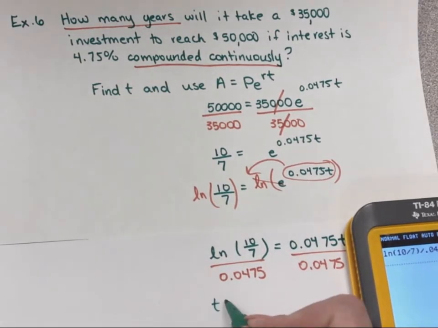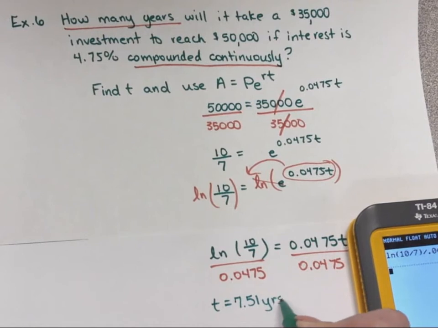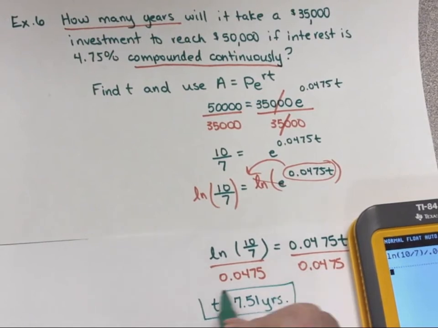If we were being really exact to 2 decimal places, you would say about 7.51 years. Okay, notice that when the answer is time, I label it with years. When it's rate, I label it with percent. When it's an amount of money, you put a dollar sign. So you always need to indicate what unit you're using.